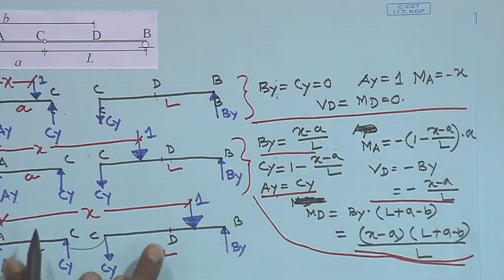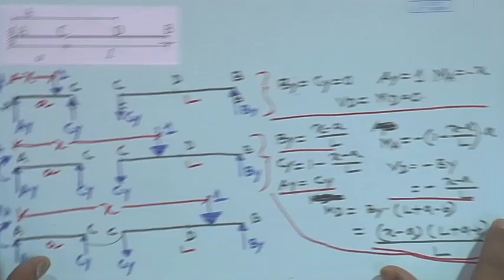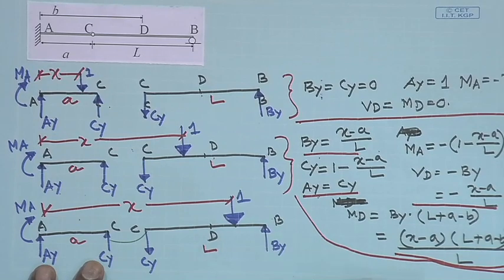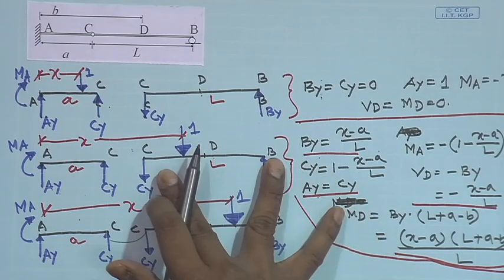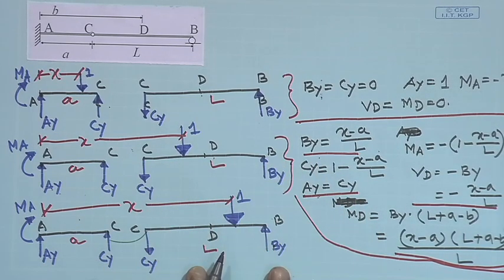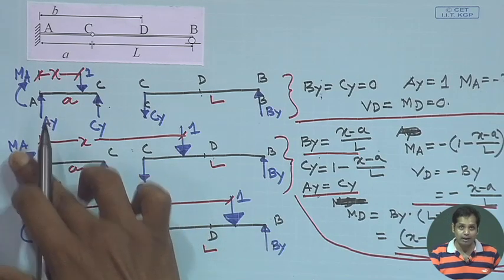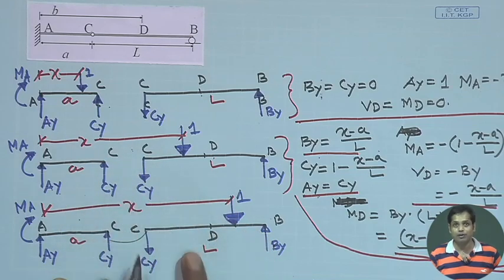Now, let us consider this. If we look at these two free body diagrams, the expression for By for this case and this case will remain same, and therefore the expression for Cy will remain same. Since Cy is same, the expressions of Ay and My for this case and this case will also be same.